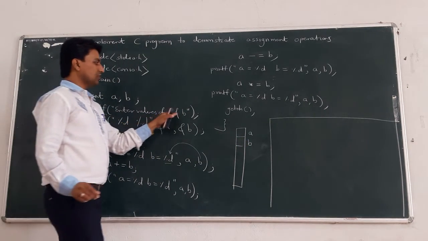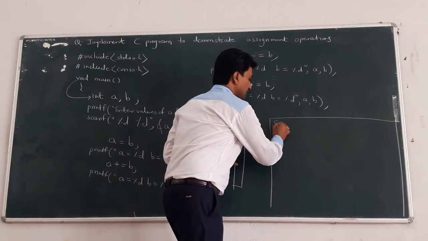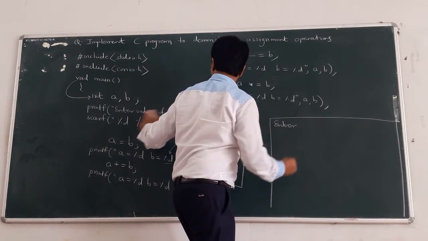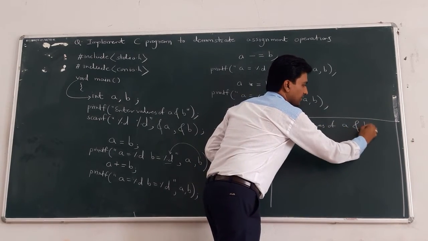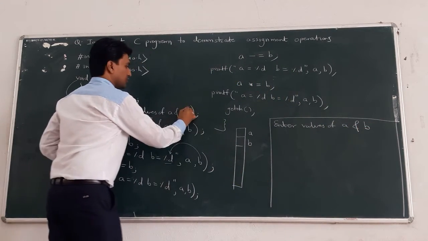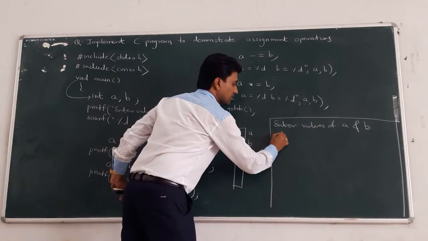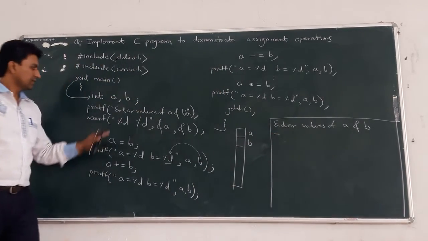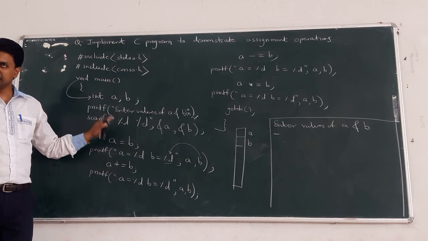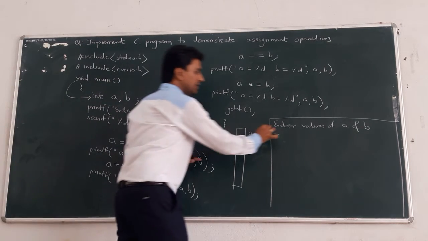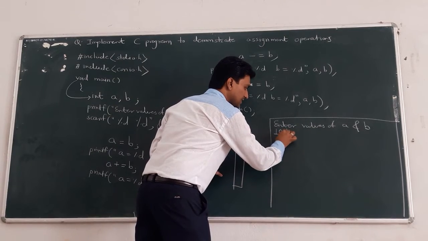Then enter values of A and B. This message is printed on your console. Enter values of A and B. Suppose here \n means the cursor goes to the next line. The cursor blinks for percentage D. If the user enters value 10, press enter.